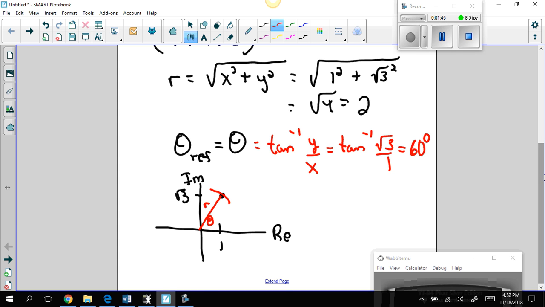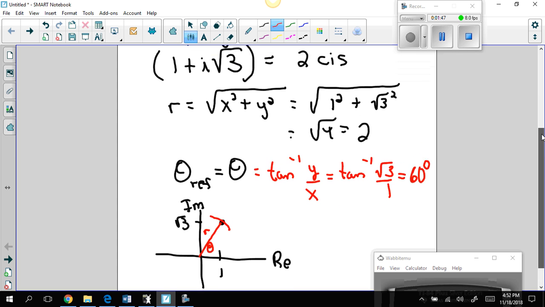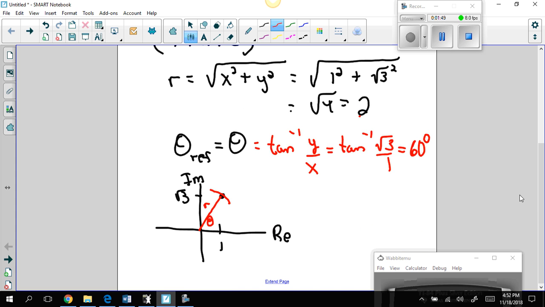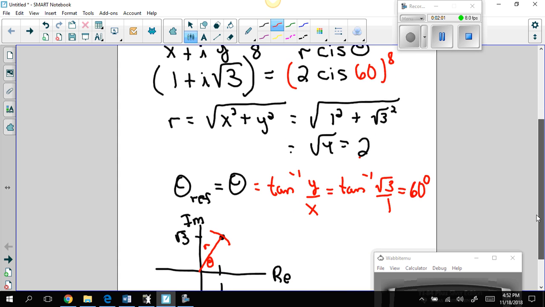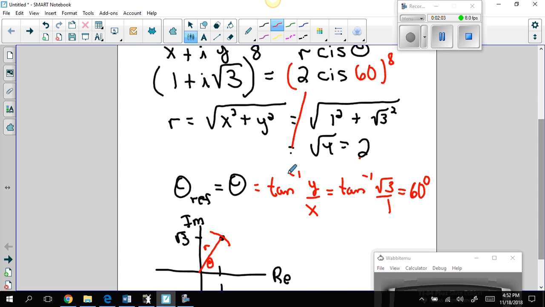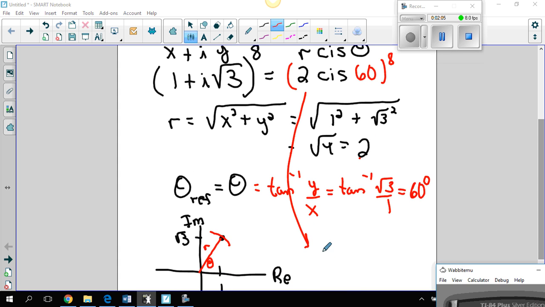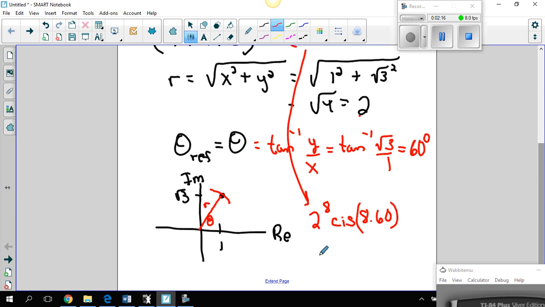So 2 CIS theta is 60, to the eighth. Now the formula that you were given, I gotta move this down here because I run out of room, is 2 to the eighth CIS to the 8 times 60, because there's no way I'm gonna multiply that out.